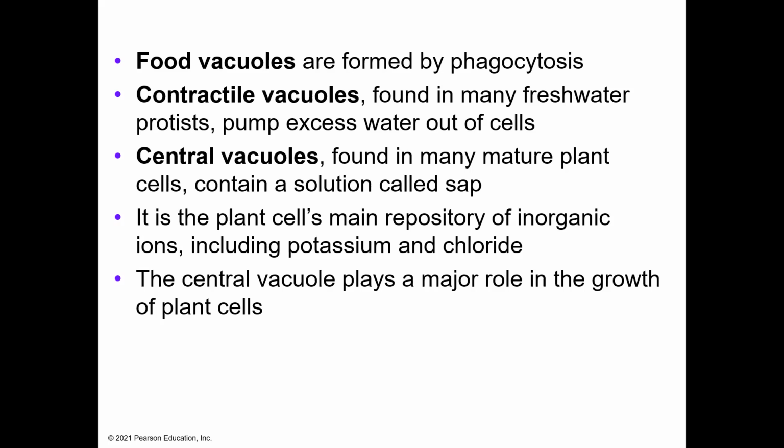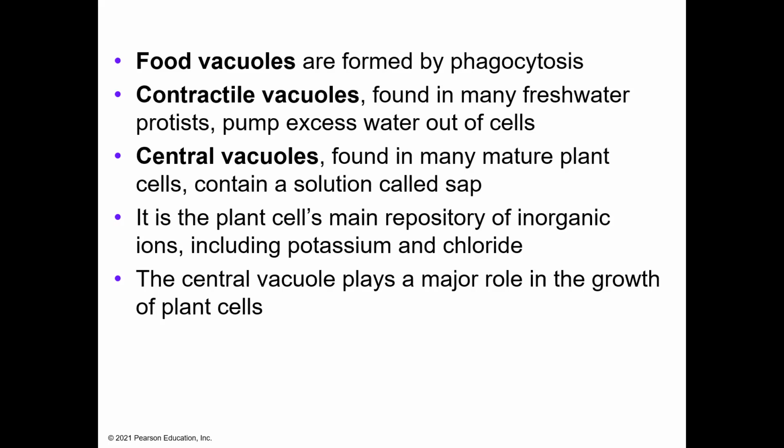Plants are notorious for having central vacuoles. They have a very large central vacuole that plants will use to contain many different things. They can use it for food storage. They can use it for pigment storage, or it can be just for nutrient storage. What the slide is showing you is a solution called sap, plant sap.